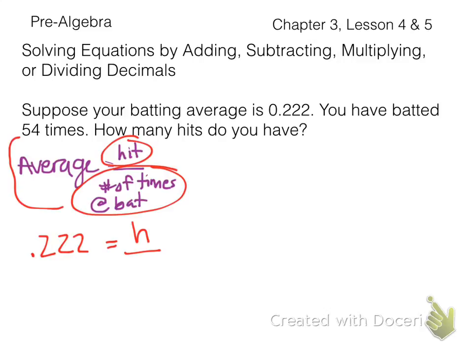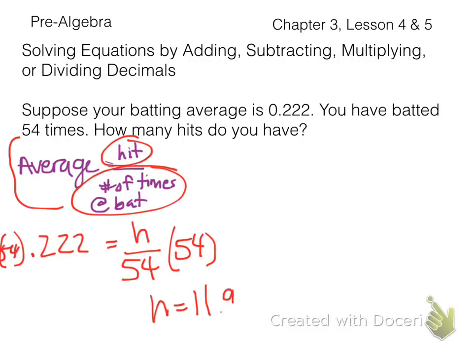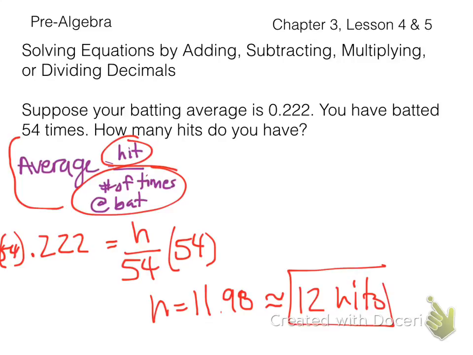You've been at bat 54 times. So how do I solve for H? Well, what's the opposite of dividing by 54? That would be multiplying by 54. Multiply by 54. 54 times .222 is H equals 11.98, and you know what? We're just going to round to 12 hits because you don't have half a hit. We're not going to count bunts.